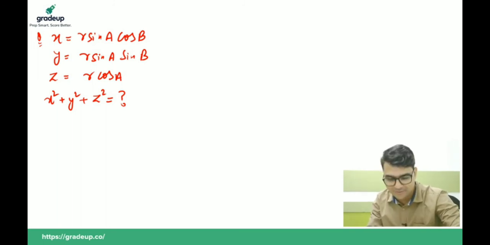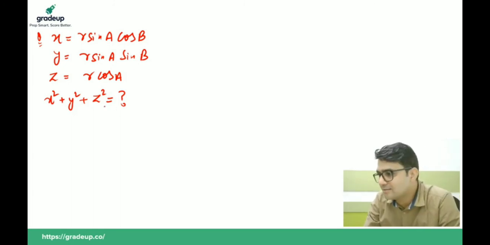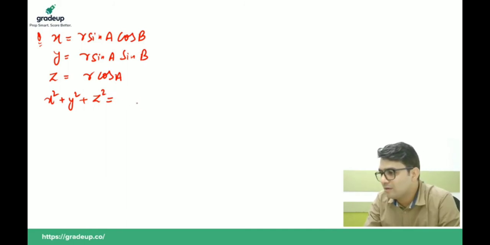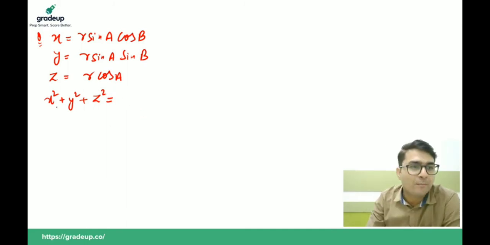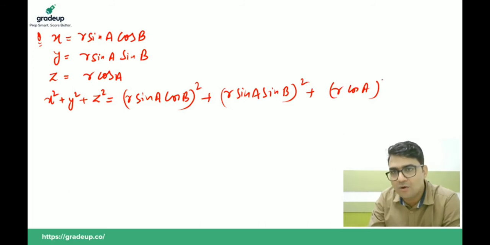Okay, now let's try to solve this question. Guys, in this question we have to find this. Nambi Rajan, the important formulas are already discussed in part 1. So please go and check part 1 of this trigonometry. Now, putting the value of x here, we have (r sine A cos B) whole square, (r sine A sine B) whole square, (r cos A) whole square.